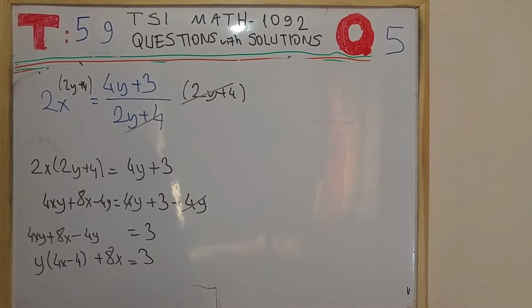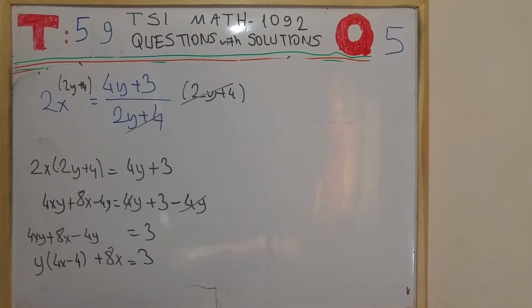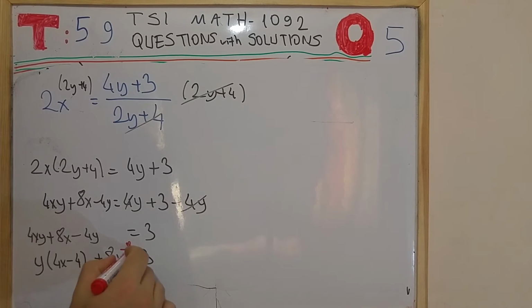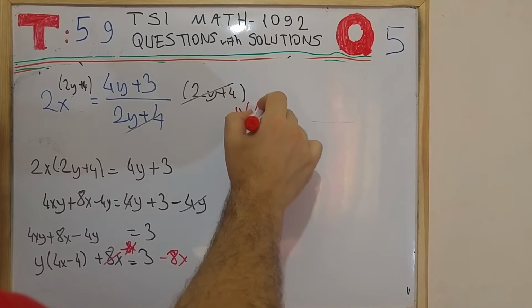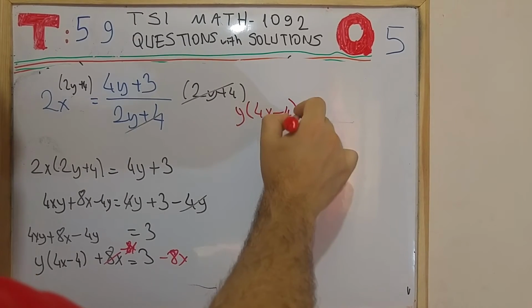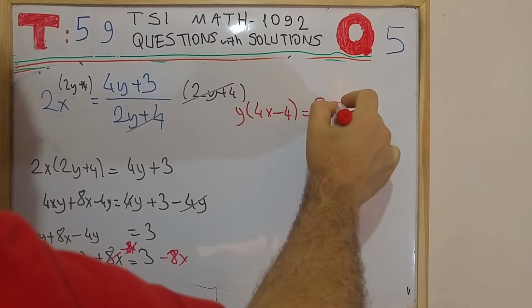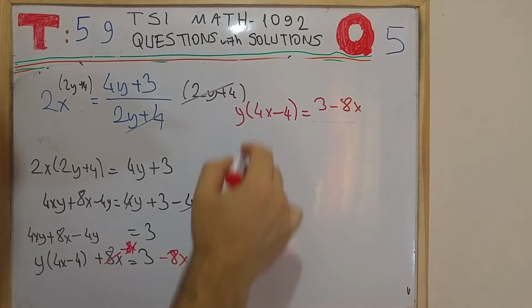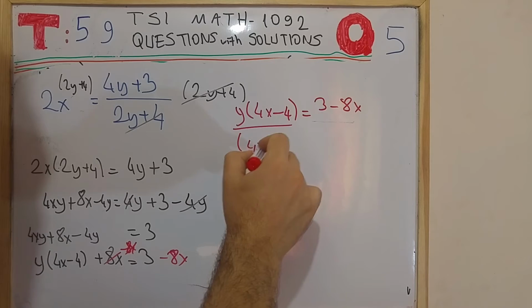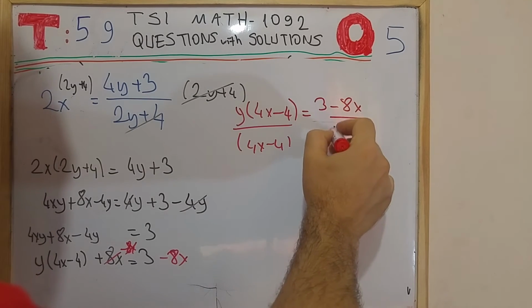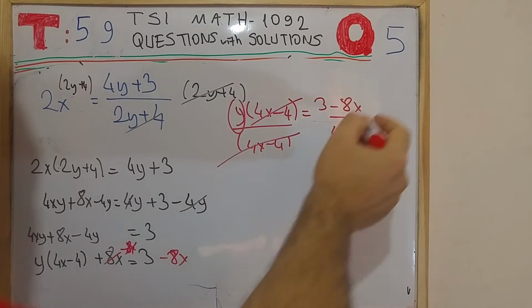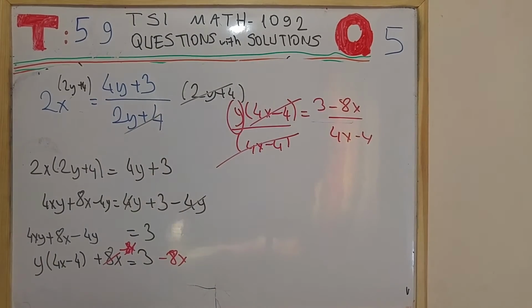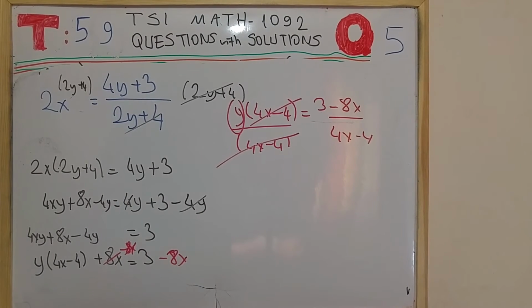Now when I subtract 8x from each side, what I will have is y times (4x minus 4) is equal to now 3 minus 8x. When I divide each side by 4x minus 4, I get the result. These cancel each other out, and y is equal to (3 minus 8x) over (4x minus 4).